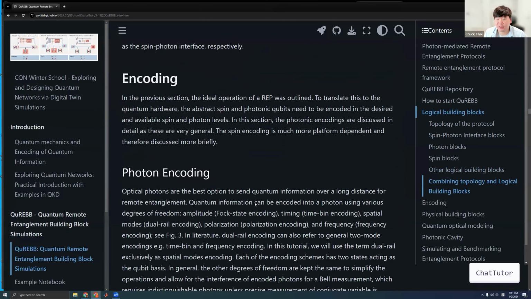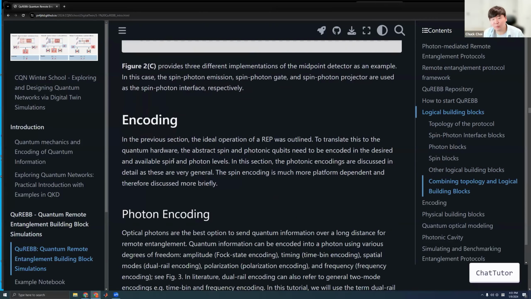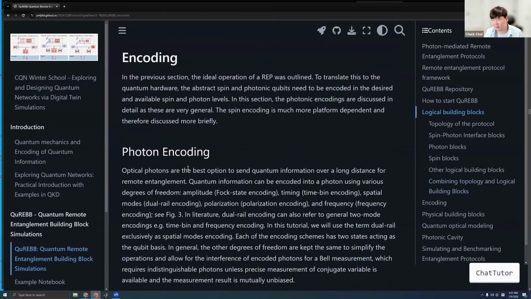So after configuring our quantum circuit, we need to think about how to choose the basis of these quantum circuits. Because the quantum circuit assumes that we have a computational basis, 0 and 1 states, but it doesn't determine which is the 0 state and which is the 1 state.